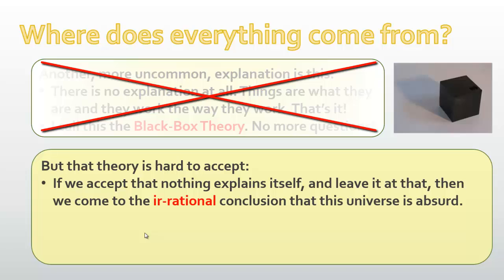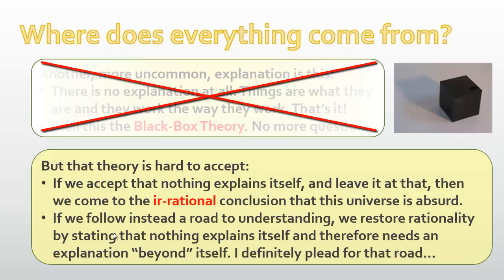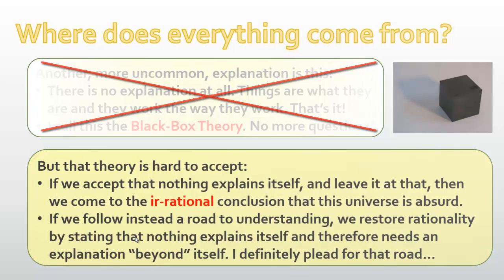If we accept that nothing explains itself, we actually go for an irrational approach. The irrational conclusion is that the universe is just absurd. There is no explanation for it. I would rather go for a rational approach. Nothing can explain itself, so it needs an explanation beyond itself. Let's go for that road.